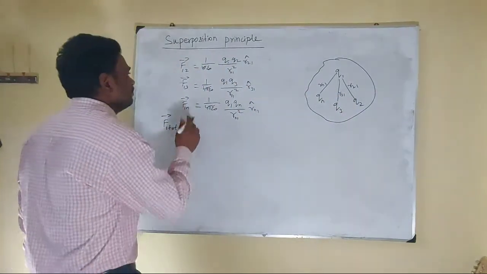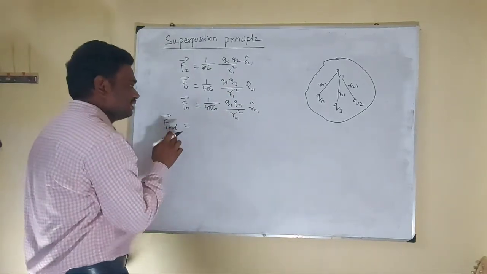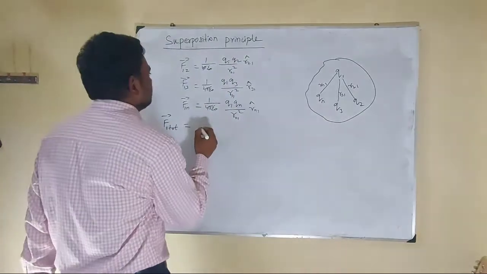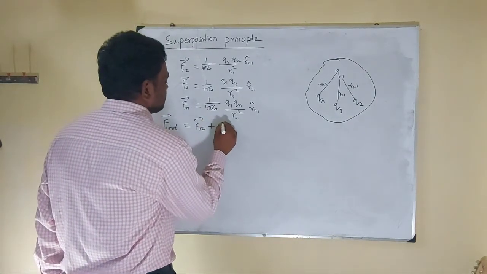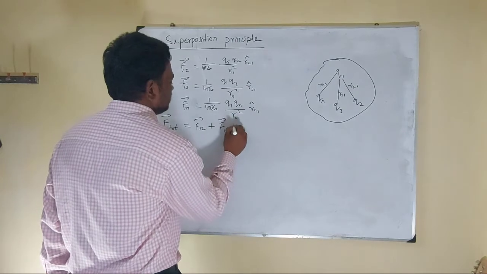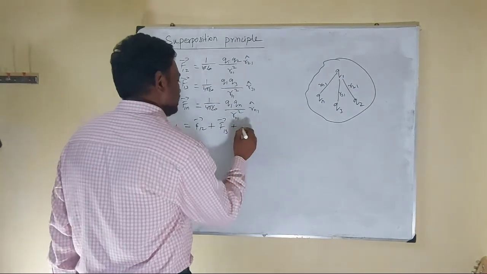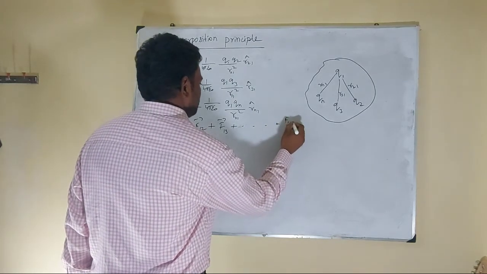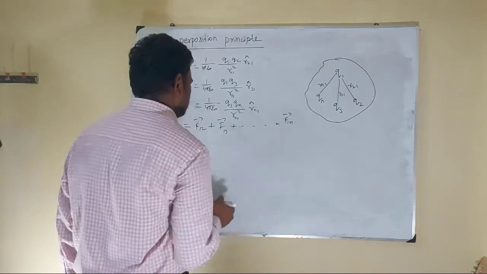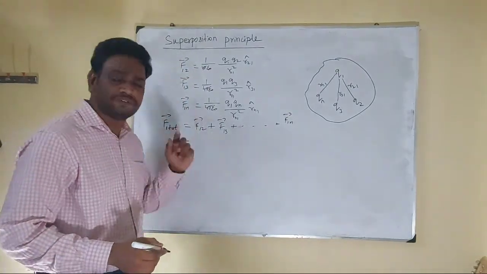Here the vector sum is F12, F13 and F1n. So F12 vector plus F13 vector plus, this equation you can write up to the nth particle, F1n vector.